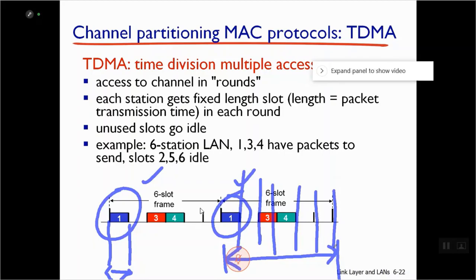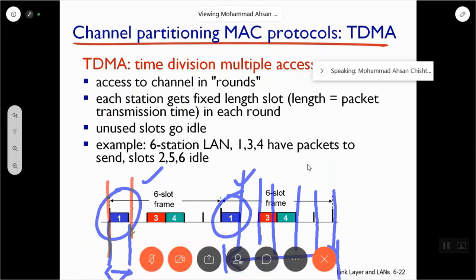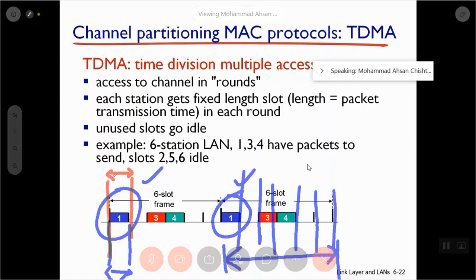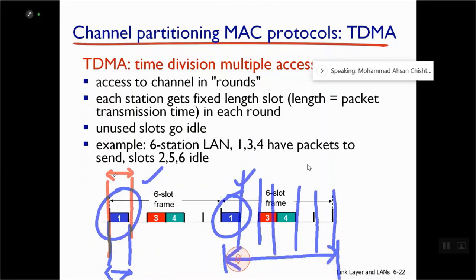Now, generally, here you see there are 6 slots. Generally, this slot is chosen such that during this time, that is the time that it got for one, which I'm showing in red, one frame of data link layer should be transmitted.